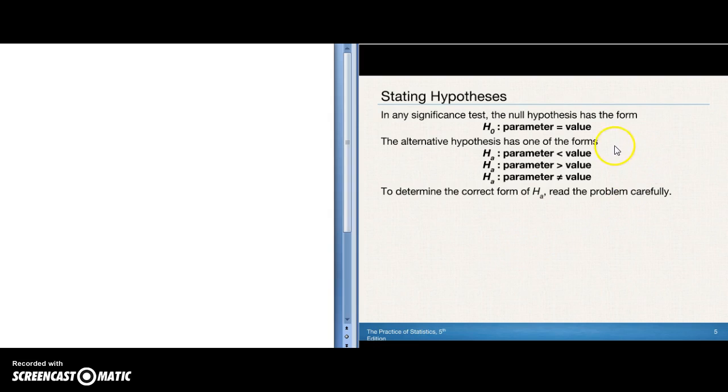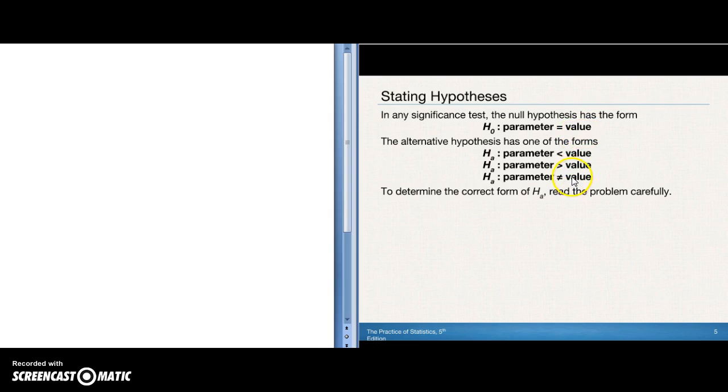So here's how we state hypotheses. Again, the null hypothesis is H sub 0, so we abbreviate that instead of writing the words. The parameter is either going to be a p or a mu, and then it will equal some value. I will do an example shortly. The alternative would be H sub a. Again, the same parameter, either mu or p, and we think that it's less than the value they gave us. We think that maybe it's greater than.